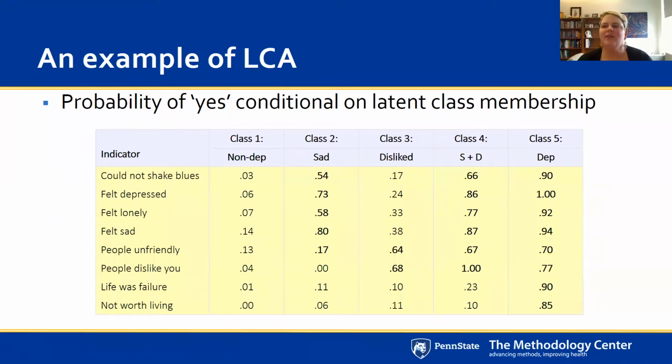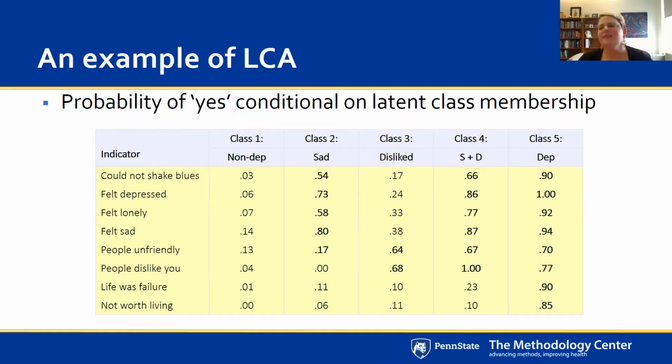As we move across the table, you see different patterns of endorsement of those items. In class 2, you see elevated probabilities of responding yes to couldn't shake the blues, felt depressed, felt lonely, felt sad. Sorry, the 0.17 shouldn't be bold. The probabilities of responding to the other items focused on feeling disliked and feeling like life was a failure are low. So we labeled that class sad.